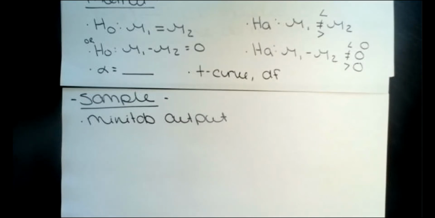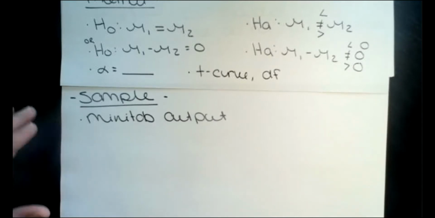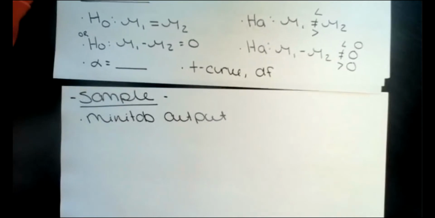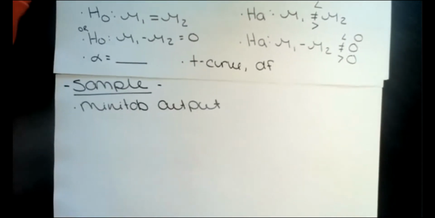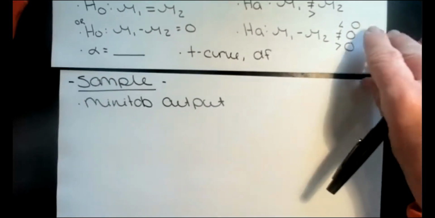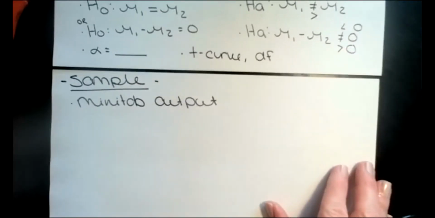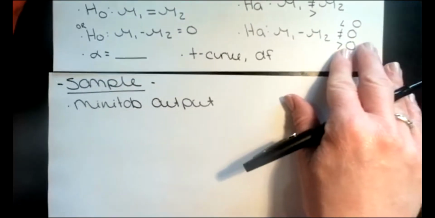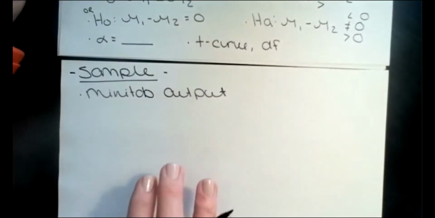We are required to check for normality, so that we have a symmetric bell-shaped curve. And we're required to check for outliers because we don't want those outliers. Those can skew our data and make things look different than what they really are. So we need to check that, but for both samples, okay?